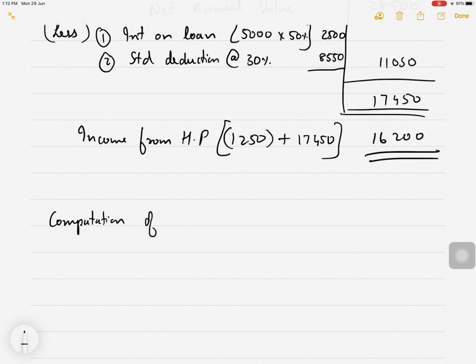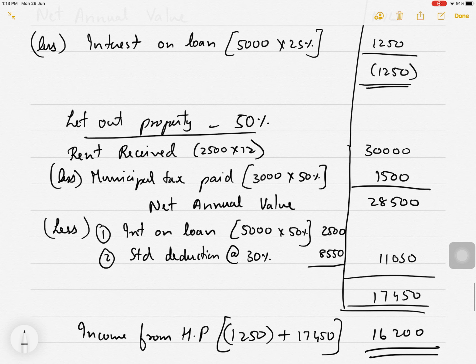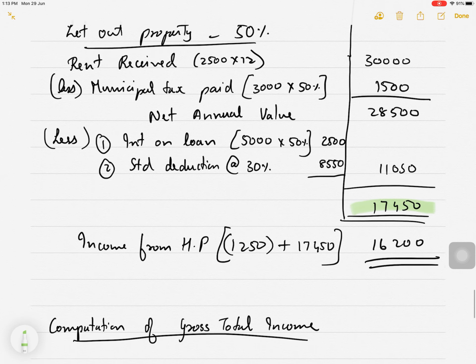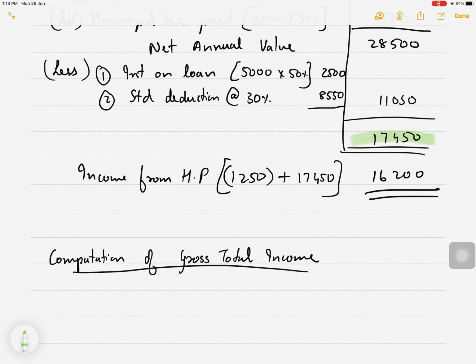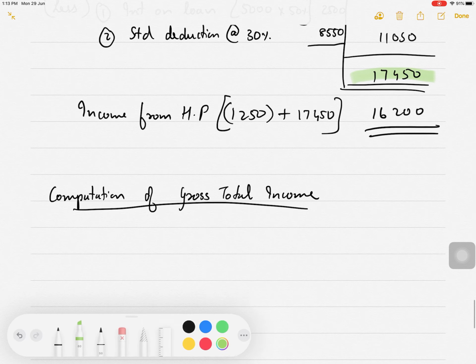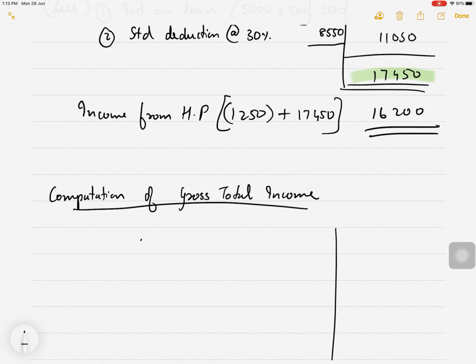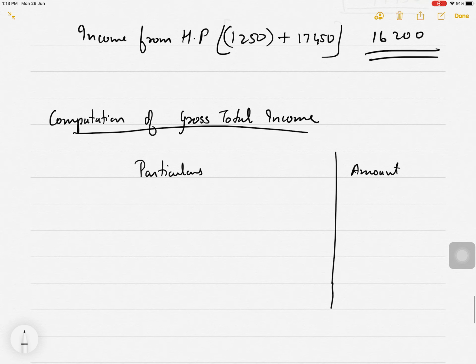So write down computation of gross total income. Make 2 columns: particulars, amount.